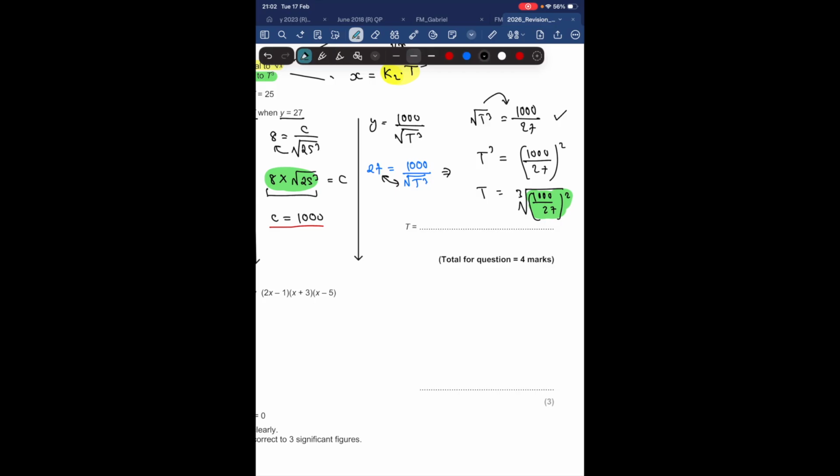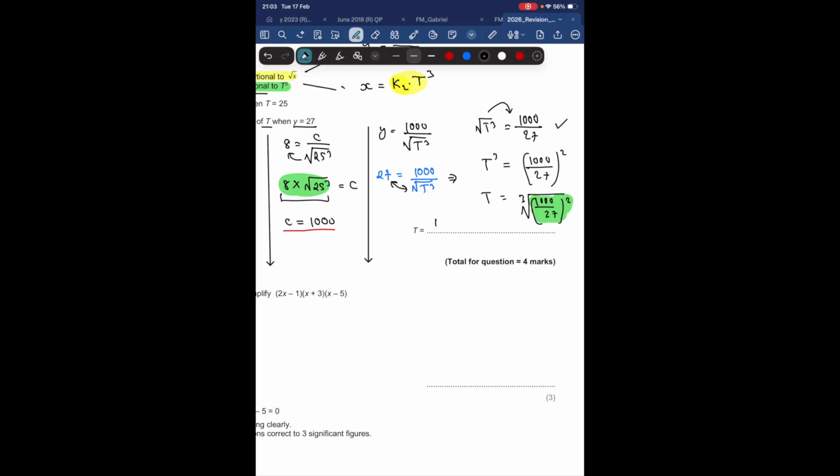If I type all of that into the calculator exactly as I see it, and it's a bit of a handful, so the cube root of 1,000 over 27 squared, that gives me 100 over 9. I can put that as a mixed fraction, which gives me 11 and 1/9, and that's an exact value.